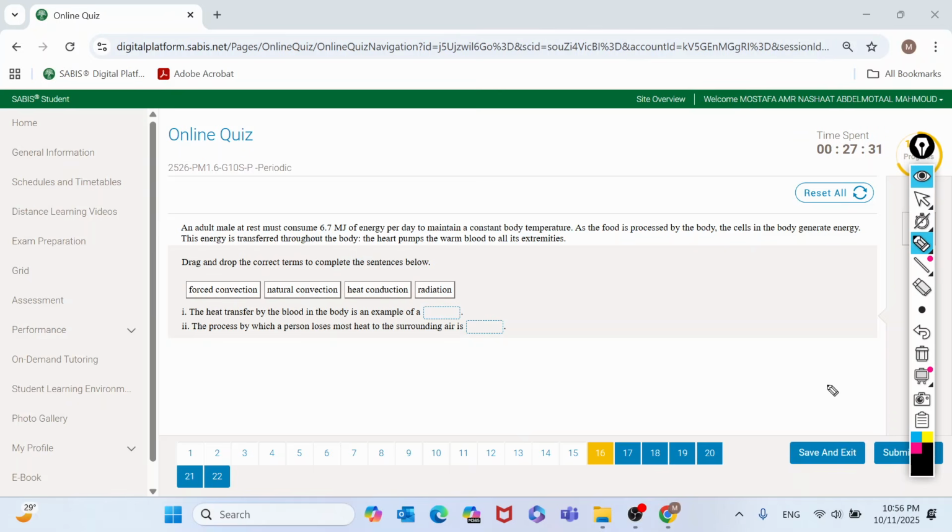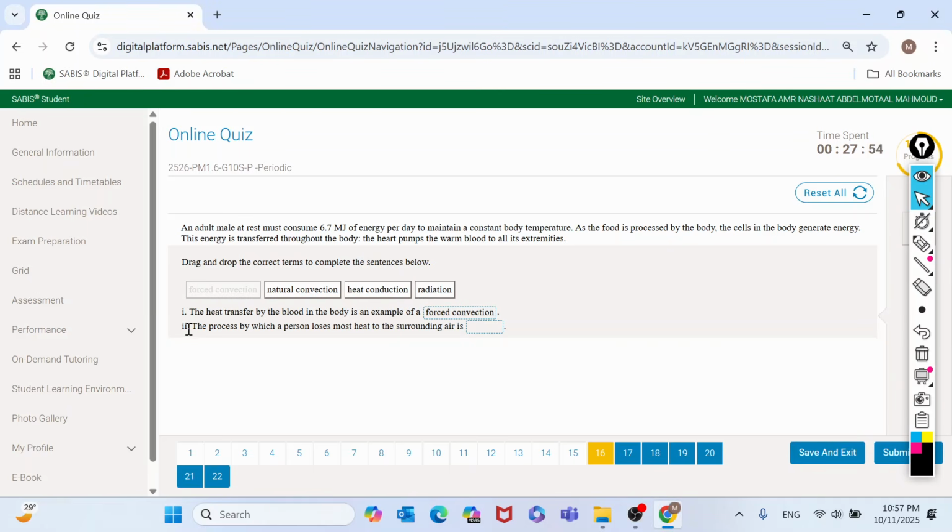In this case the heart is pumping the blood, it's pushing the blood, so that's forced convection. Also, let's say you're eating something that's hot, so you blow on it. That's forced convection. You're pushing the cold air onto it to remove the hot air.